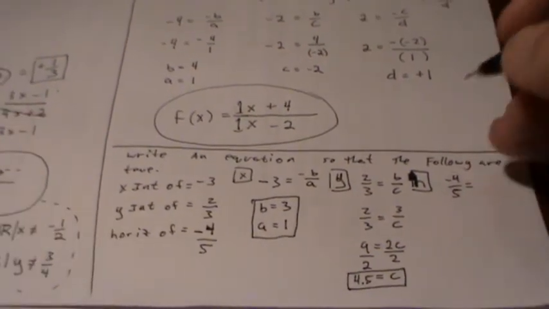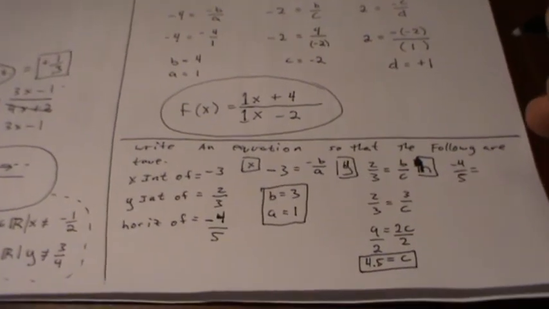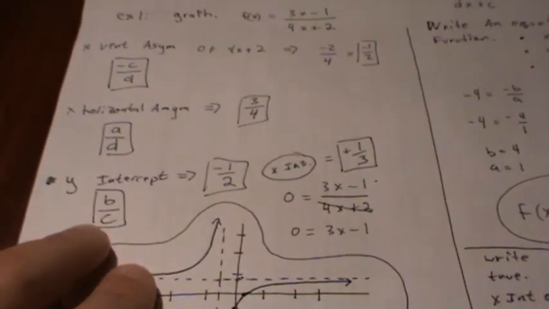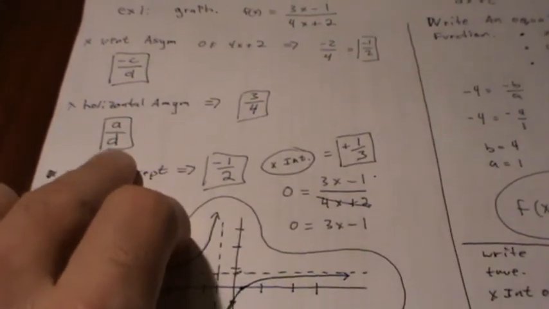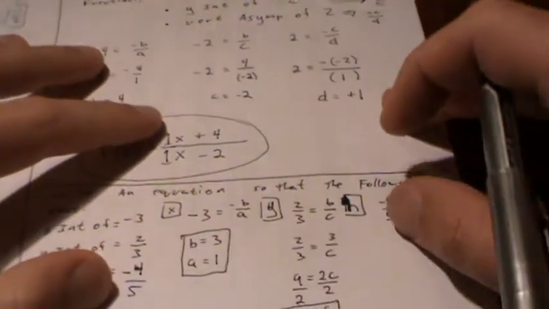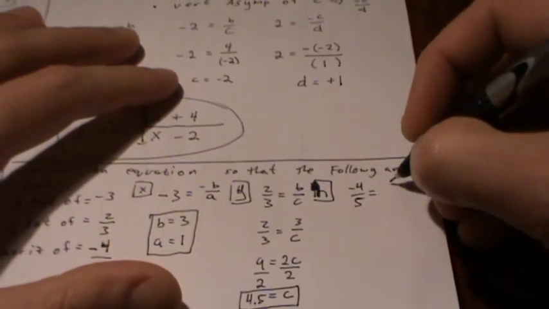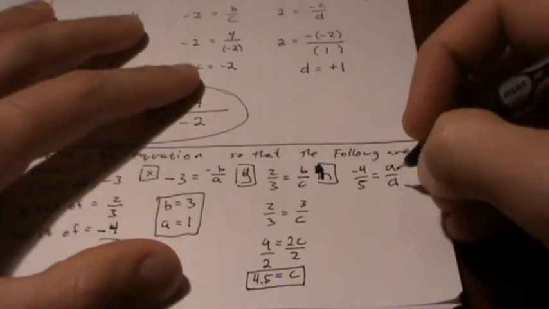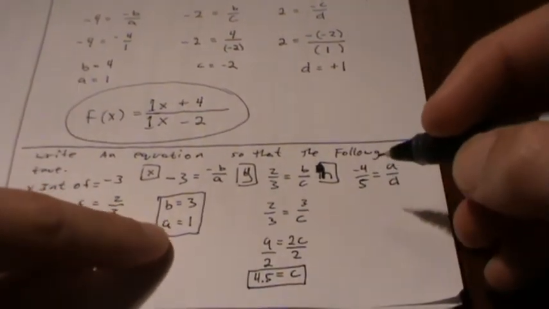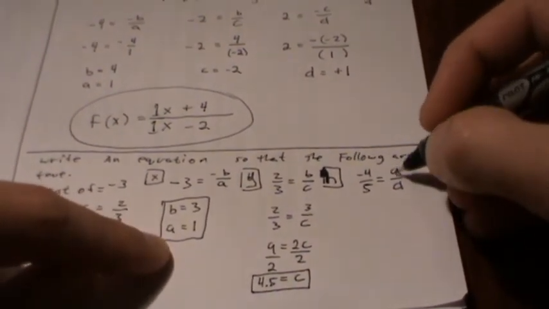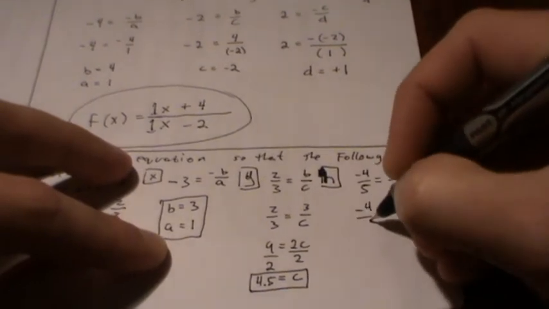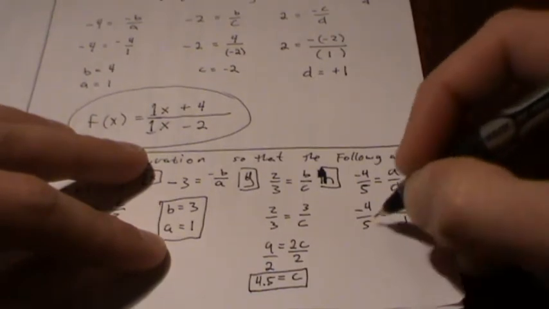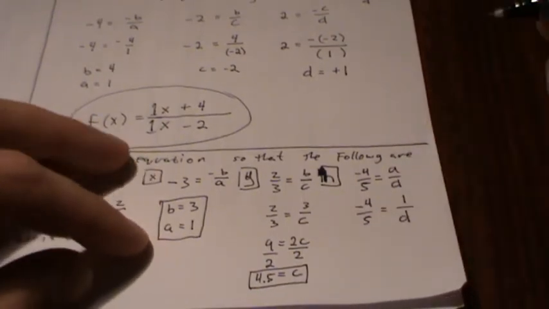And if I check my equations over here, the horizontal asymptote is always equal to a/d. Alright? I already know from back over here that my a value must be 1. So I'm going to say -4/5 is equal to 1/d, and now I can solve for d with cross multiplication as well.